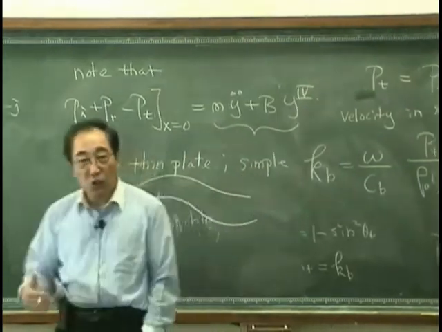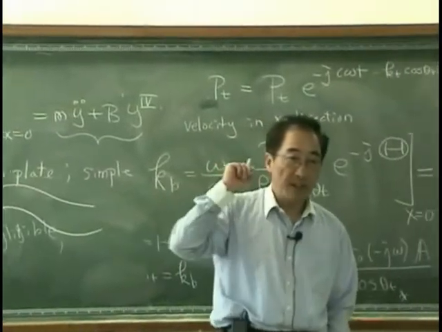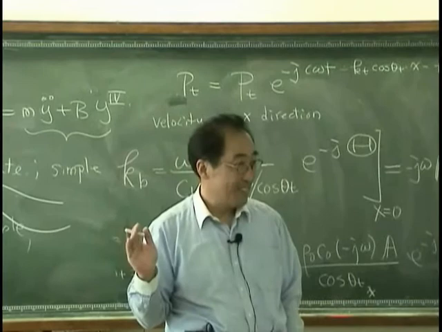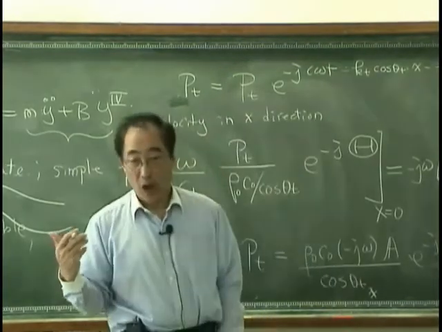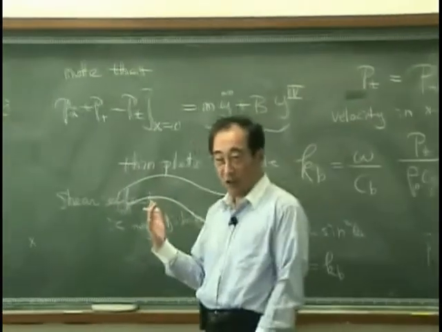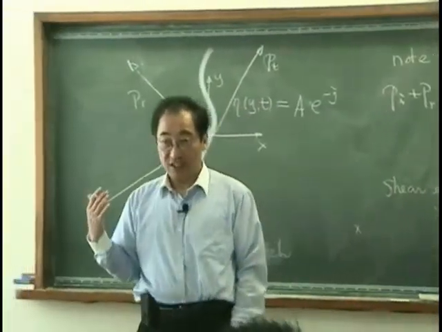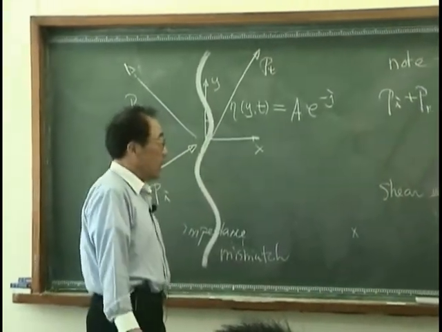Now let's use that, as he mentioned, the wavelength is very, very long compared with the thickness of plate as our rather acceptable physical situation. So what he mentioned was right. Okay.